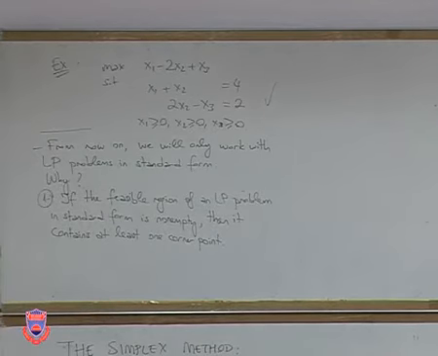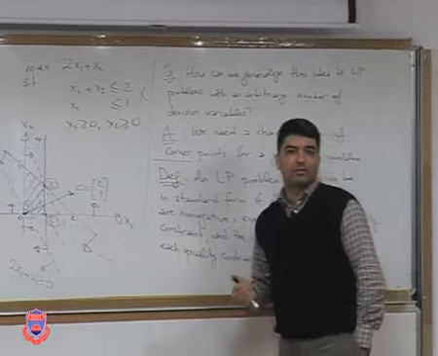Now, why is this true? Why does it necessarily have at least one corner point?